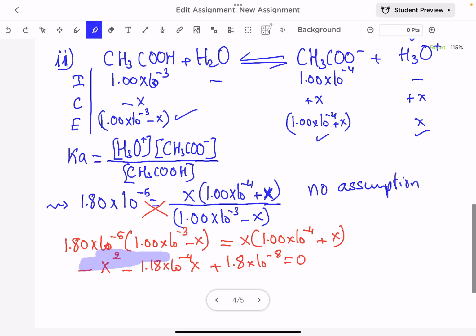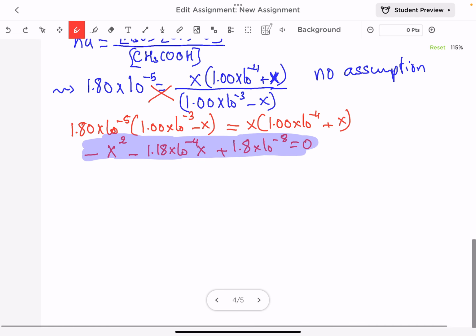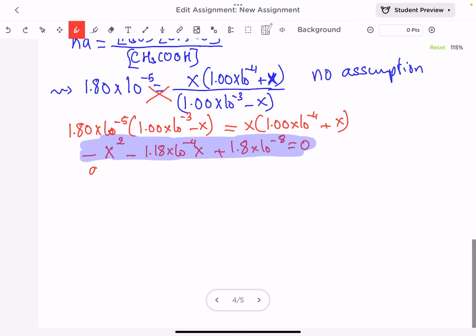This is a quadratic equation. So if we plug it into our calculator, we enter the values of A, B, which is 1.18 times 10 to the power negative 4, and C, which is negative 1.8 times 10 to the power negative 8.